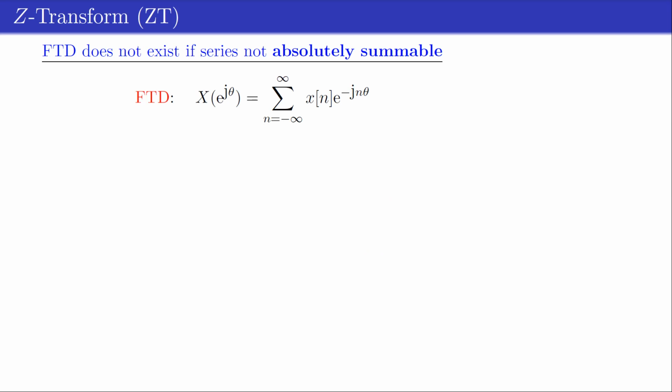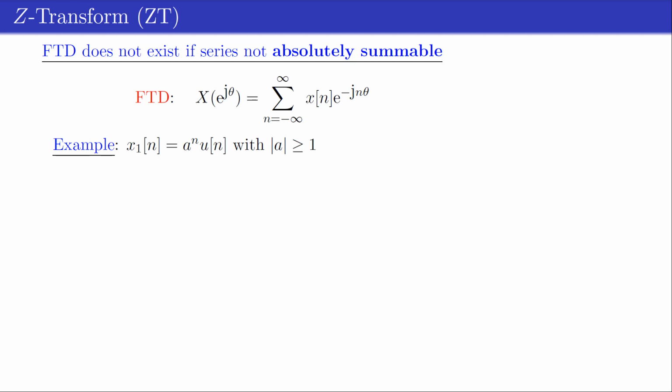In the previous video, we've seen that the FTD of a sequence x[n] is defined as the given equation. However, in order for this series to converge, it's necessary that the sequence x[n] be absolutely summable. Unfortunately, many of the signals that we would like to consider are not absolutely summable and, therefore, do not have an FTD.